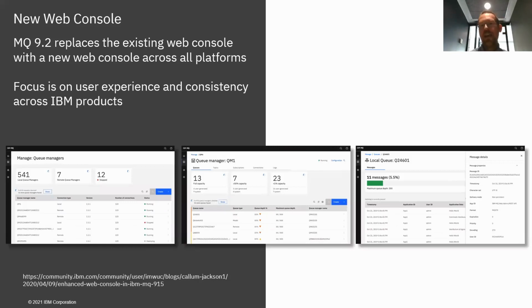So you install a console capability on your MQ environment, and you point any number of admins or developers at it, and they can all interact with your queue managers in a secure, controlled way. It doesn't have quite all the capabilities of MQ Explorer, but it does have most of them, and we've been enhancing it over time as well.